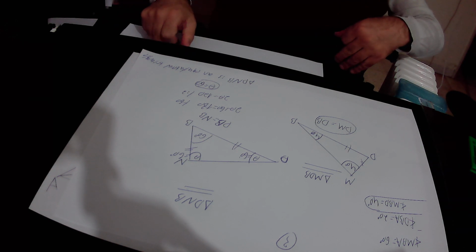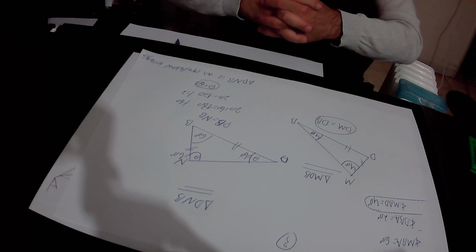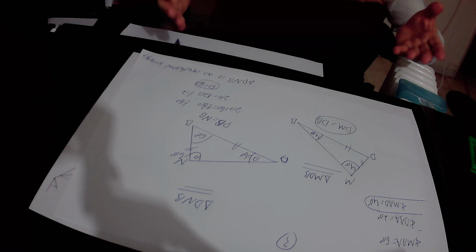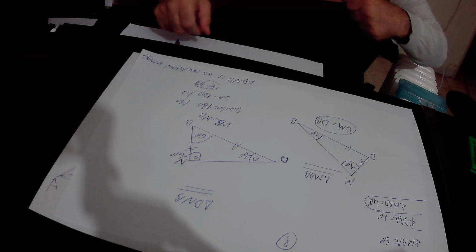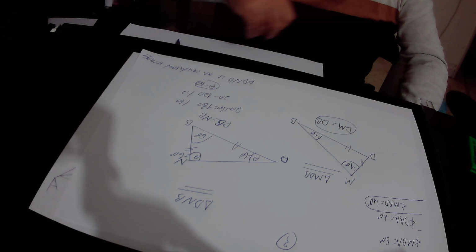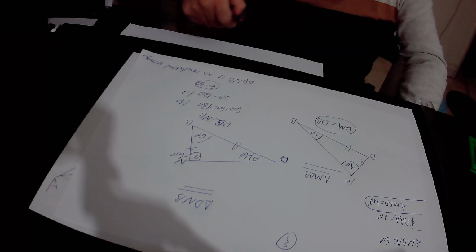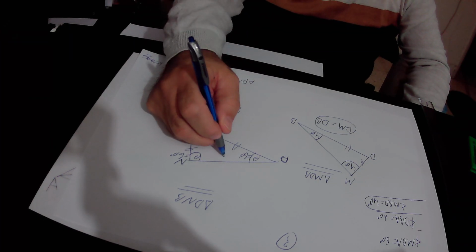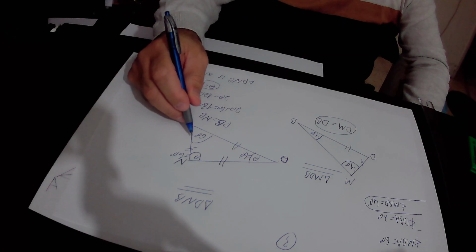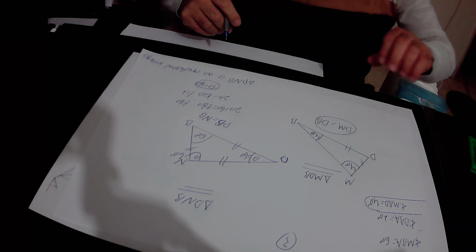We also know that all the sides in any equilateral triangle are equal to each other, so in the equilateral triangle DNB, side DN equals side NB equals side DB.